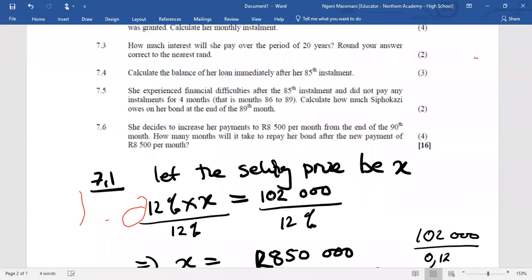So look here. This is what we call deferred payments, which means for one reason or the other, if you cannot meet your financial obligations, you can always go to the bank and tell them, look here, guys, I'm having some financial difficulties.